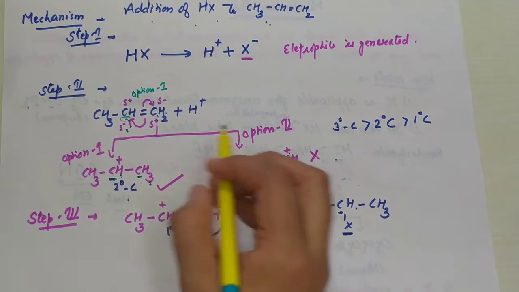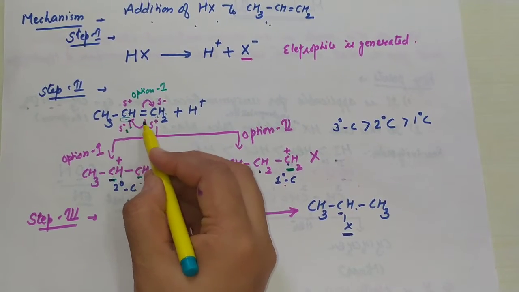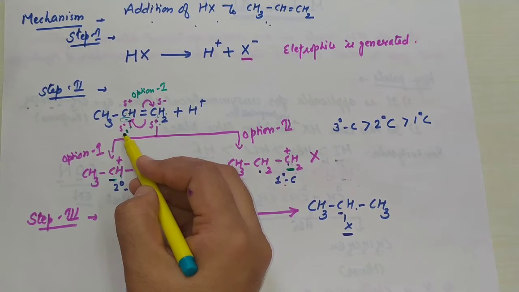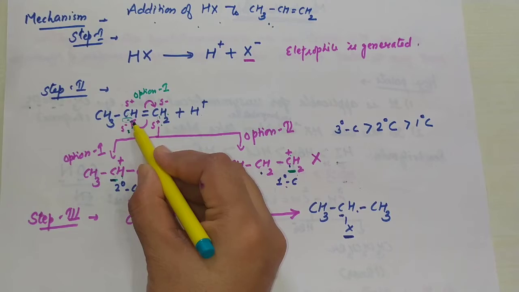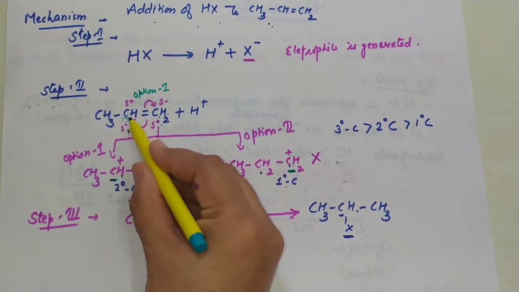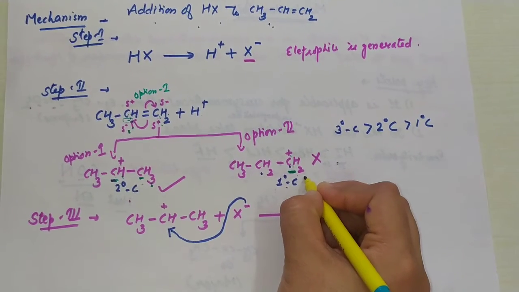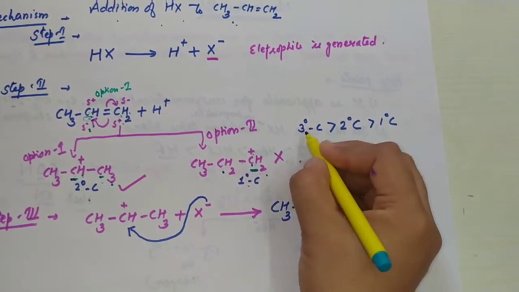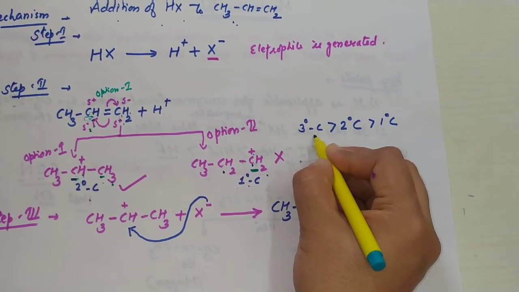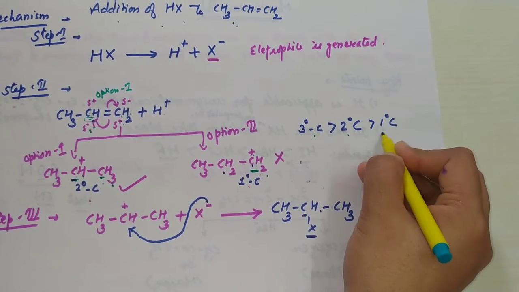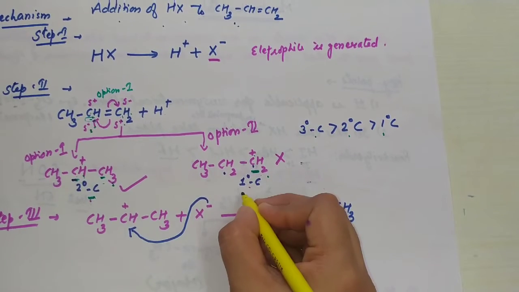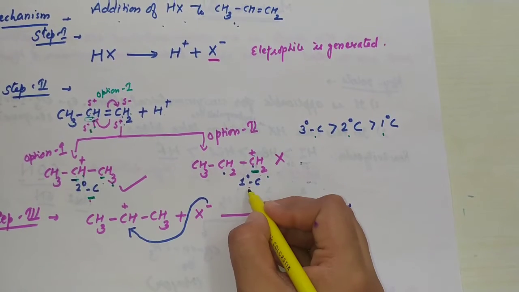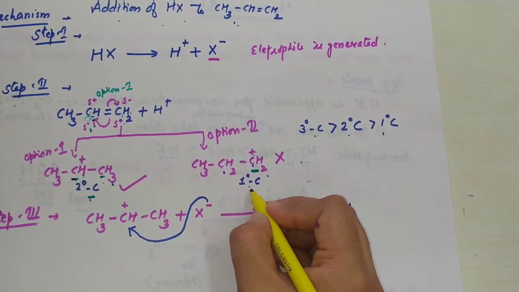If we take option 2, option 2 is the reverse. This carbon will get positive charge and this carbon will get negative charge. If this is happening, then H positive ion moves over there and there is a formation of a primary carbocation. And we know that a tertiary carbocation is more stable than secondary, followed by primary. So in this case, there is a formation of a secondary carbocation in option 1, and in option 2 there is a formation of a primary carbocation.